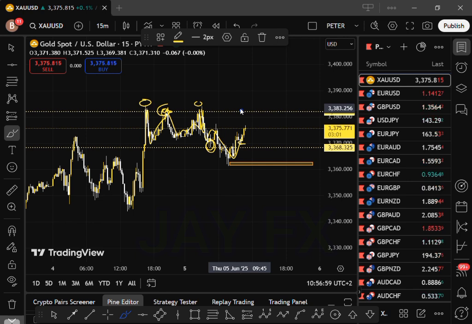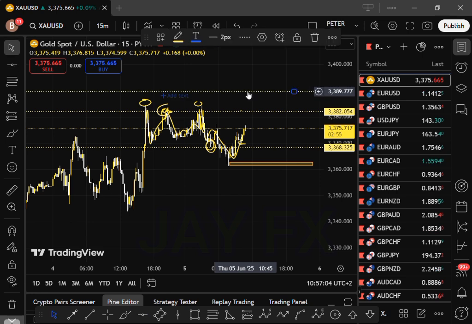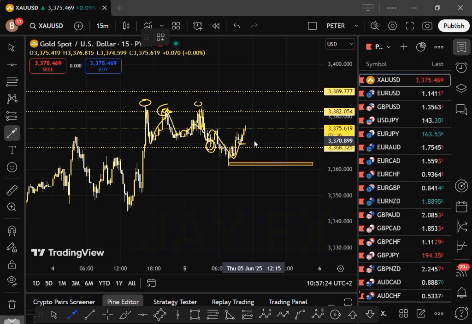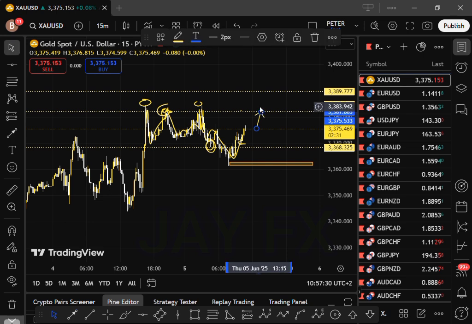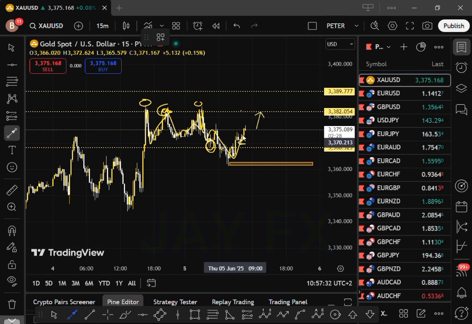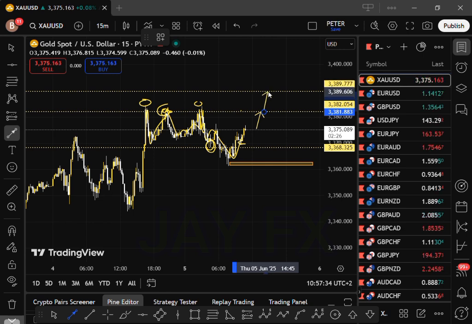This will be the first take profit, and the second take profit will be somewhere here, and from there I will know if I have to hold or close. So for now, let's pause our video here, and then we will come back and see if our gold shoots up from here, from entry to first TP, and then from first TP to second TP.